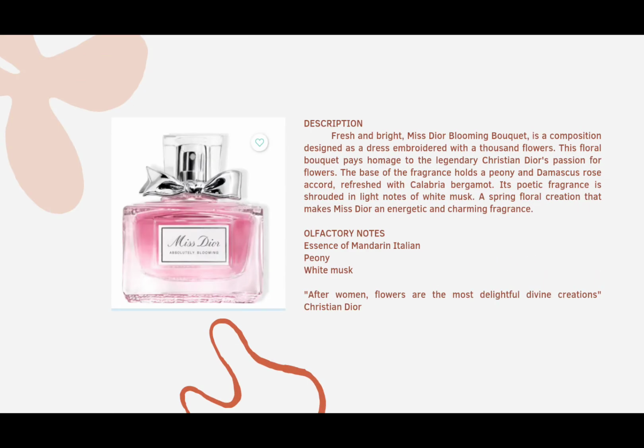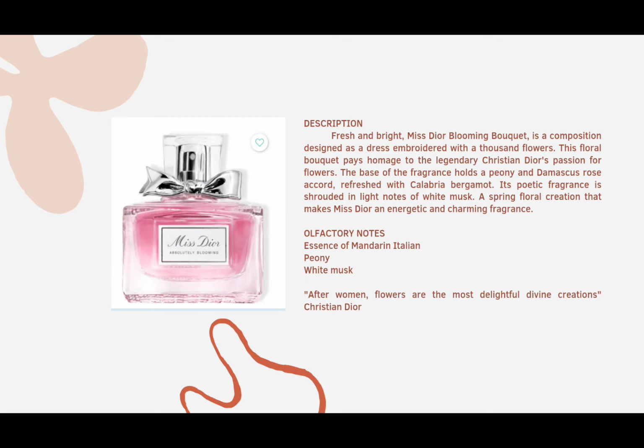After that, we need to choose a perfume, and the perfume I chose was Miss Dior Blooming Bouquet. I chose this perfume because I am fond of the essence of mandarin, peony, and white musk.